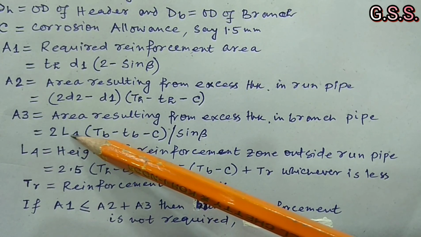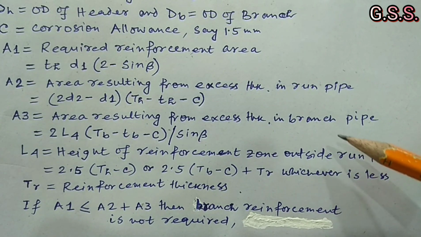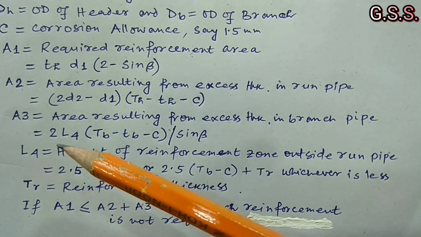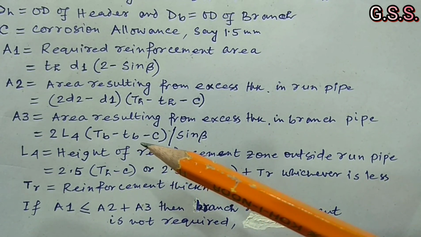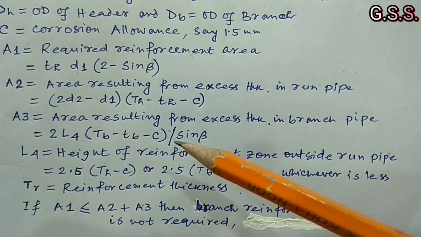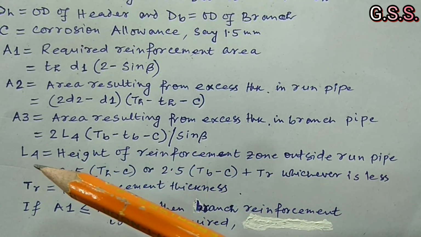Capital A3 is the area resulting from excess thickness in the branch pipe, equal to 2 capital L4 into (capital TB minus small tb minus C) divided by sine beta.